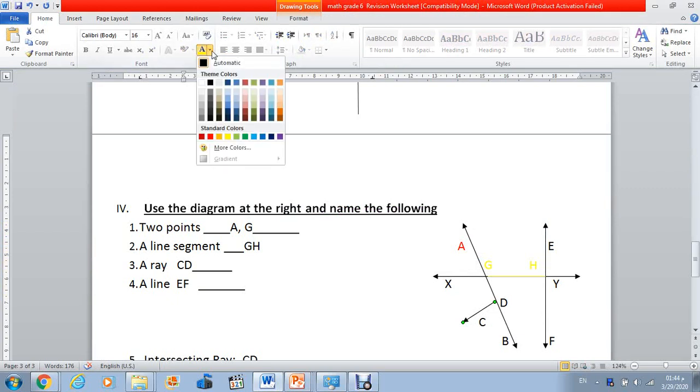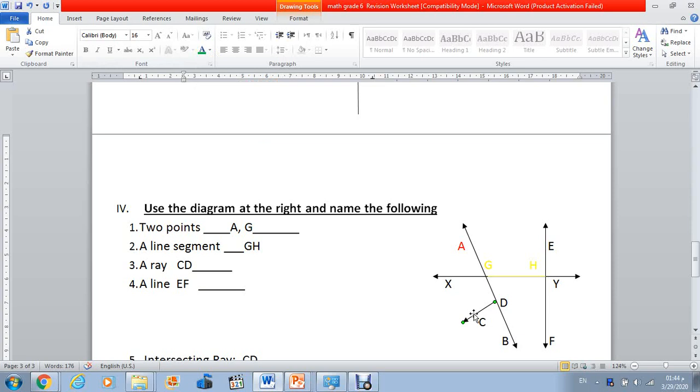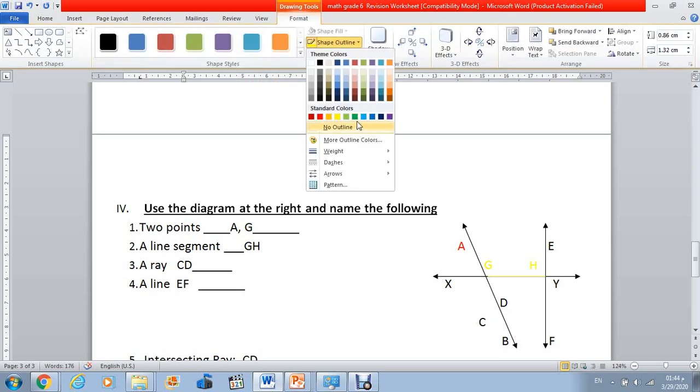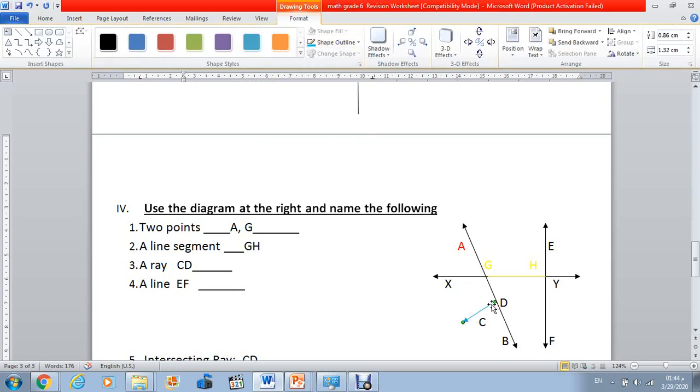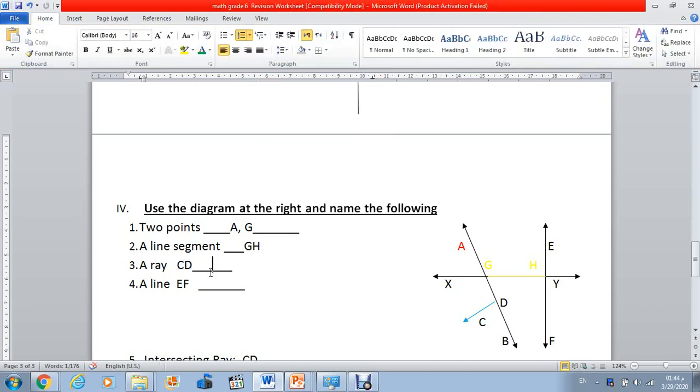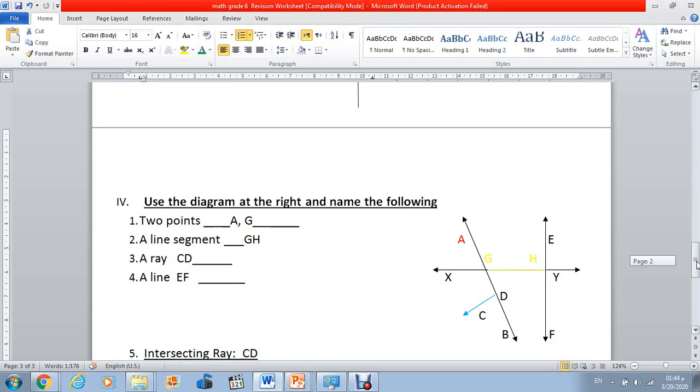So CD is a ray. What about a line? We have so many lines here. AB is a line, EF is a line, XY is a line. You can choose any one and just put it. I have put EF for you, which is a line as well.